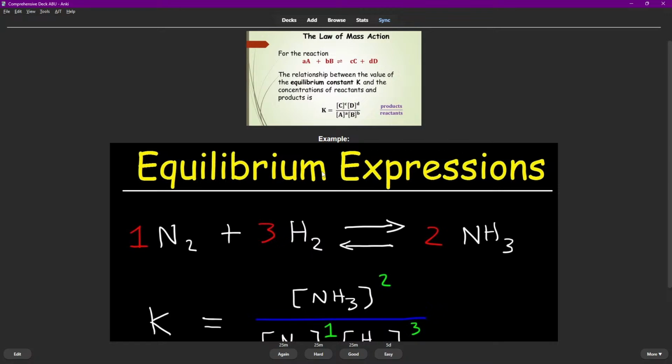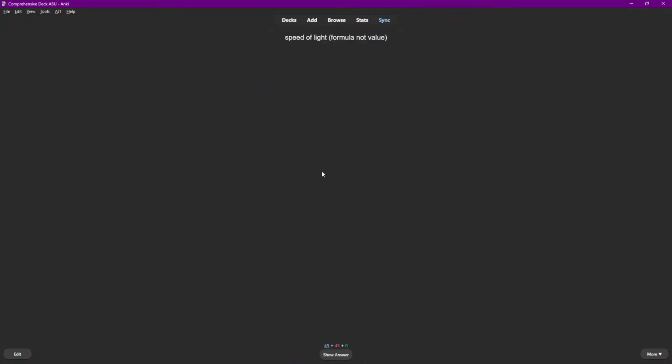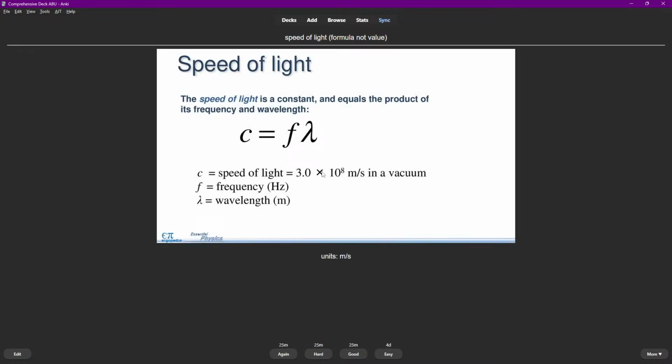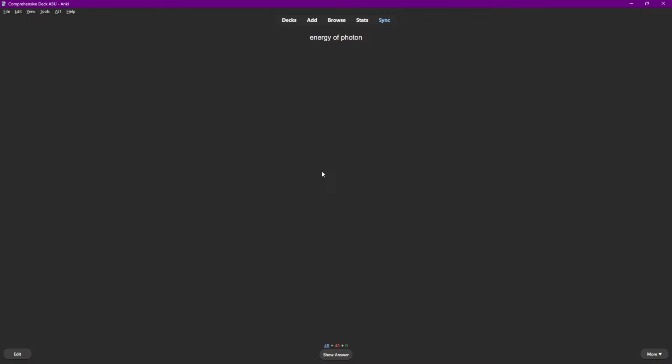I never heard it called that before. Speed of light, formula not value. Speed of light is equal to frequency times wavelength. Energy of a photon. Energy is h times f.